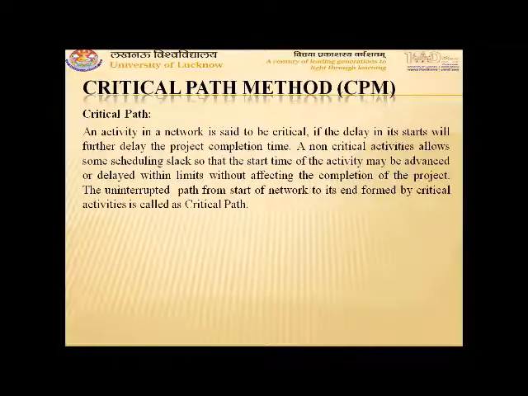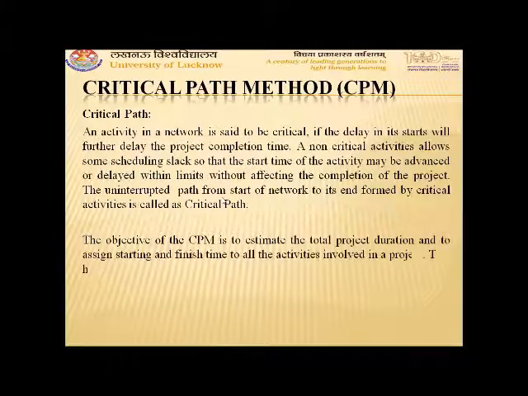That means the activities for which change in start and end causes the delay in the project are called as critical activity, and the activities for which delay in start or completion does not affect the project completion time are called as non-critical activities, provided that delay occurs within a specified limit. The uninterrupted path formed by the critical activities is called as critical path.